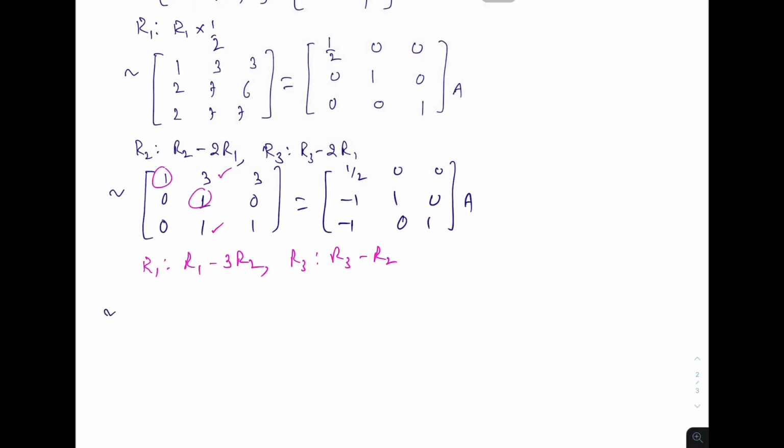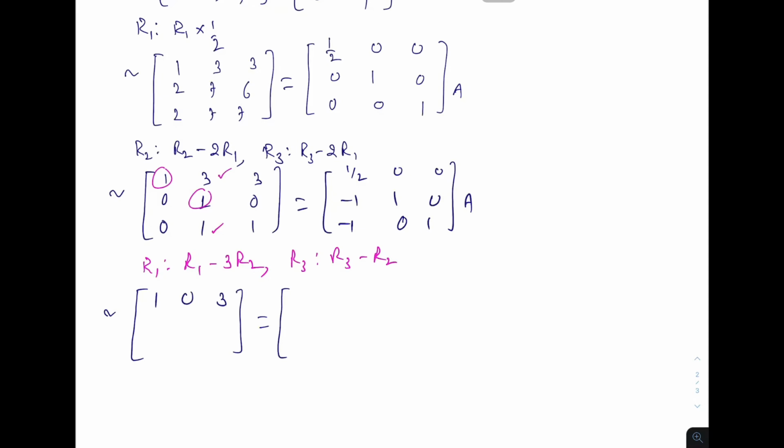Let us now do this. R1 minus 3 R2. So here 0 we don't have any problem, but this one is minus 3 plus 3, so that is 0. Because this is 0, that 3 will remain. And here now multiply R2 with minus 3, and then add in 1.